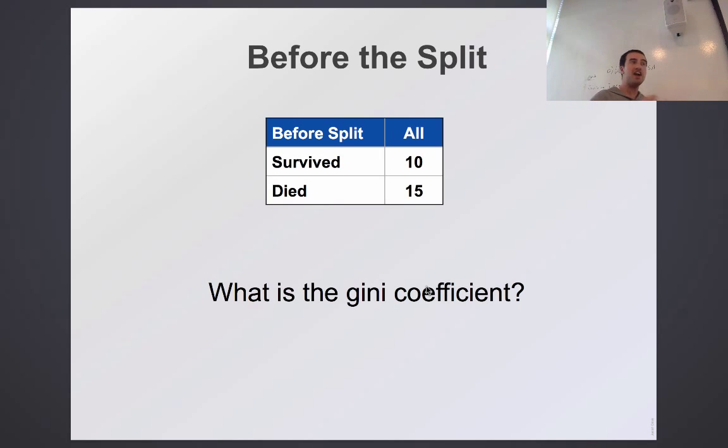Right now, we can calculate a Gini coefficient before the split, because I want to see how pure it is as it stands. As Freda mentioned earlier, I'm going to make the decision based on how much the purity changes after a split. So right now, let's calculate how pure this is.